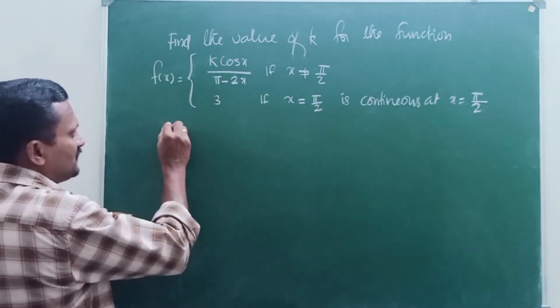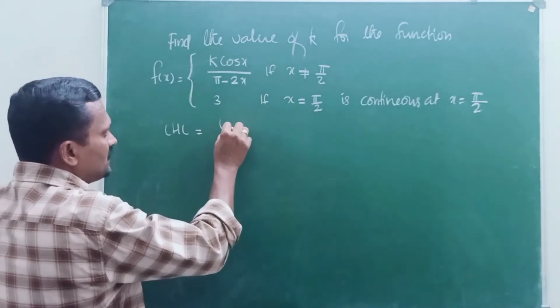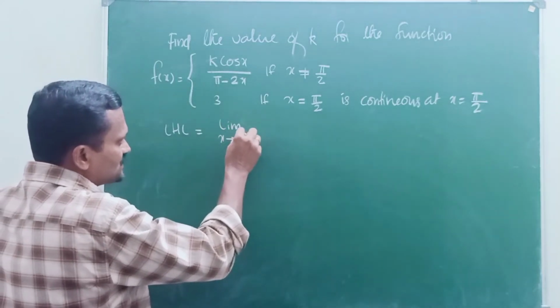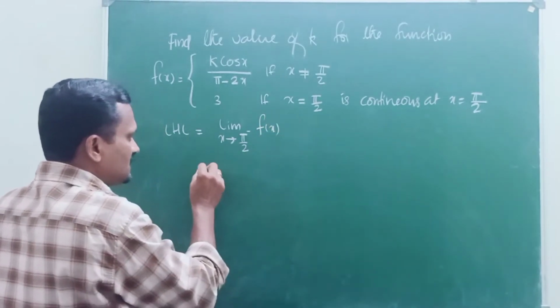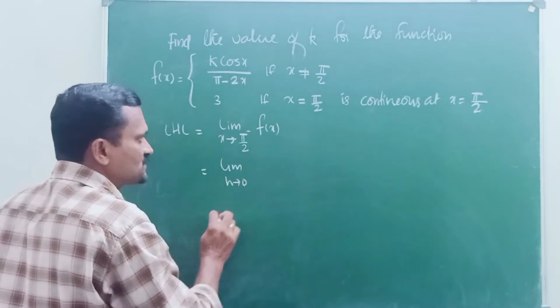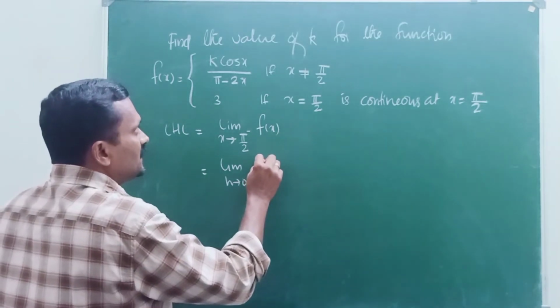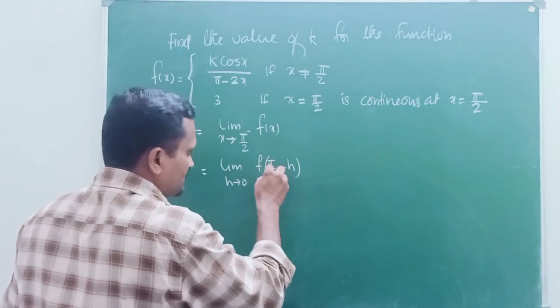So what about the left limit? LHL equal to limit x tends to pi by 2 minus f of x. That can be written as limit h tends to 0 f of pi by 2 minus h.